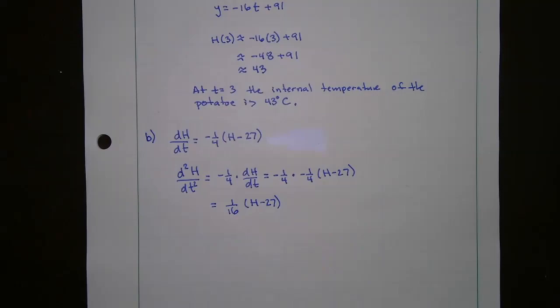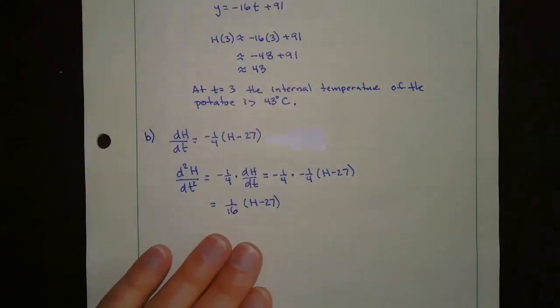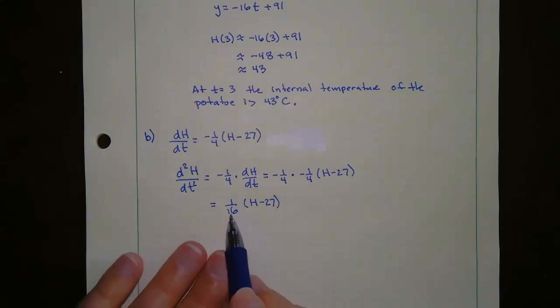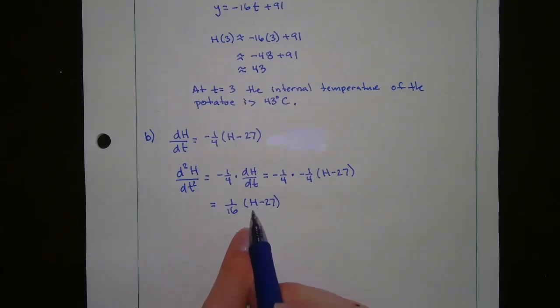Okay, so that's our second derivative. Let's go back and read the question again. We want to use the second derivative to determine whether part A is an underestimate or an overestimate of the internal temperature. So we have to determine the concavity, and the concavity is determined by h.